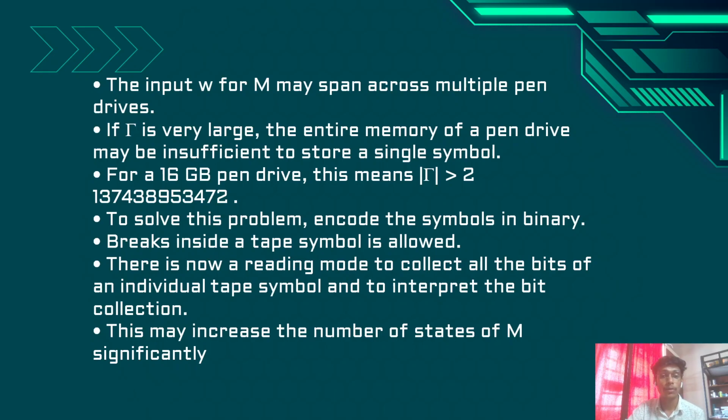To solve this problem, encode the symbols in binary. It breaks each tape symbol into bits. There is now a reading mode to collect all the bits of an individual tape symbol and to interpret the bit collection. This may increase the number of states of M significantly.